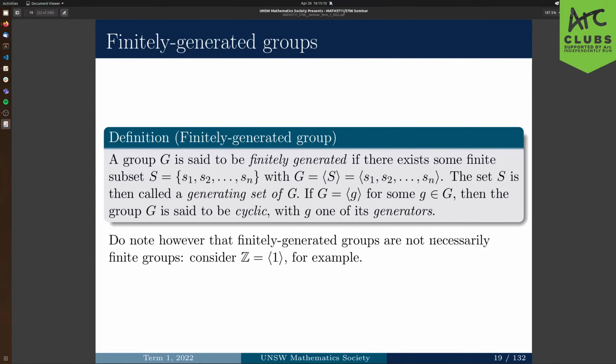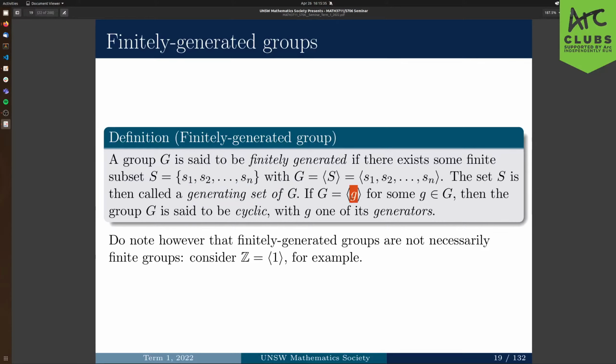A couple of things we can say about groups once we can talk about generators is that a group is finitely generated if there is some subset of it which, when you generate from that subset, you get the whole group back. So if you've got some subset S of G such that the generated subgroup is G itself, then we say that G is finitely generated and that S is a generating set.